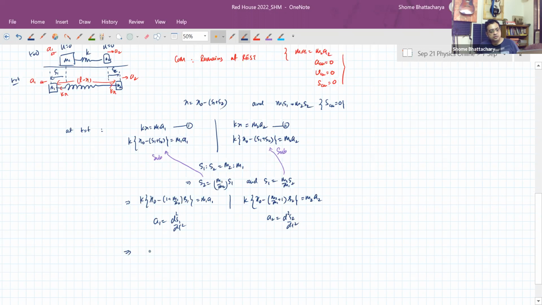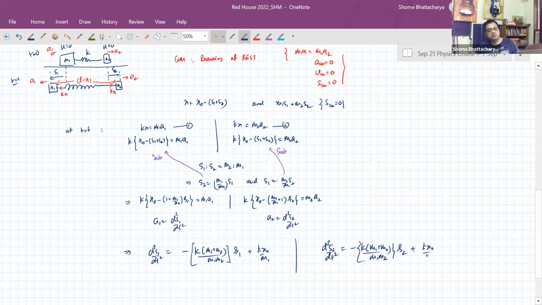So you can see that d2 s1 by dt square will become minus k into (m1 plus m2) upon m1 m2 s1 plus kx naught by m1, and d2 s2 by dt square is minus k (m1 plus m2) upon m1 m2 s2 plus kx naught upon m2.